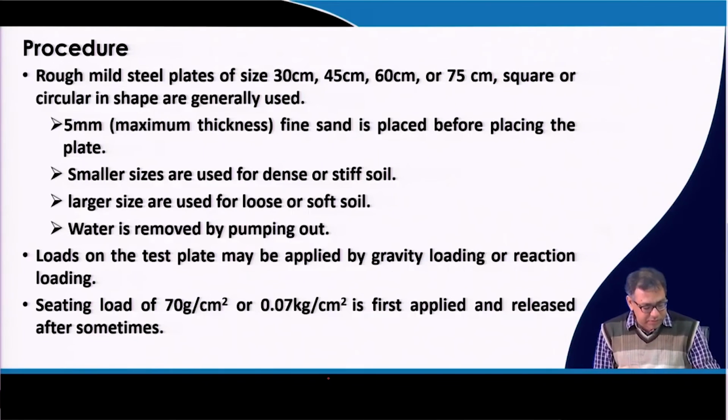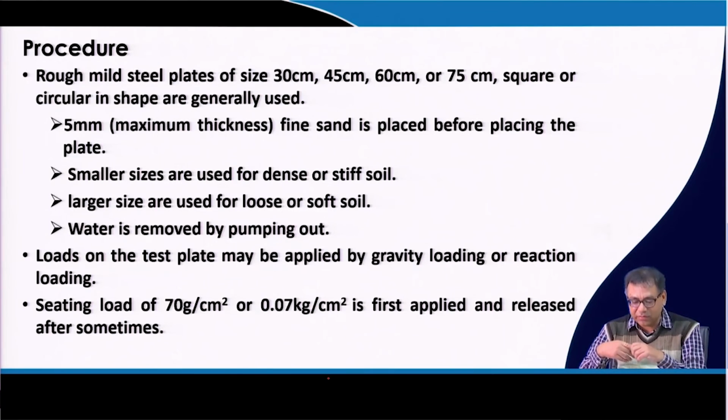We can use a rectangular or circular plate of size 30, 45, 60 and 75 centimeters. Why are 30 and 75 the two limits? It is observed that if the plate size is less than 30 centimeters, the results you are getting are not reliable.